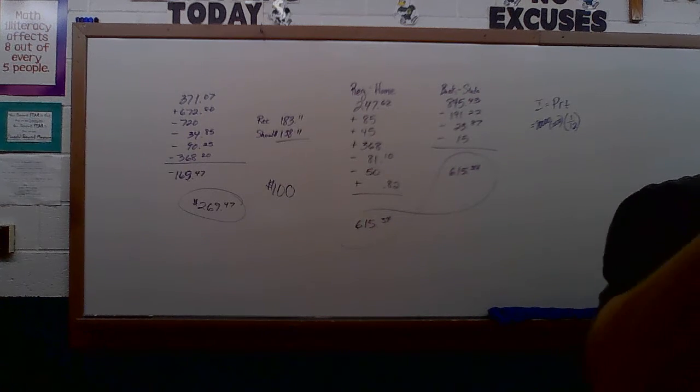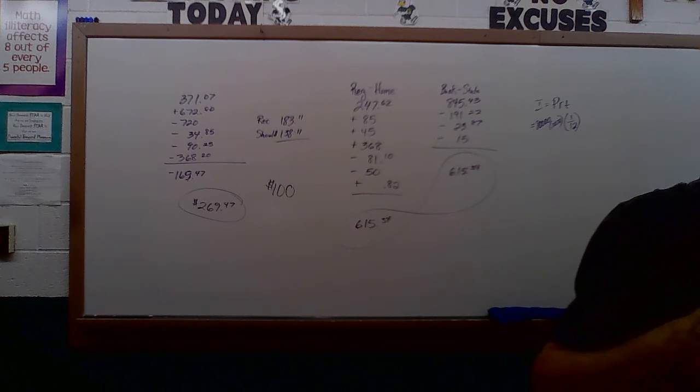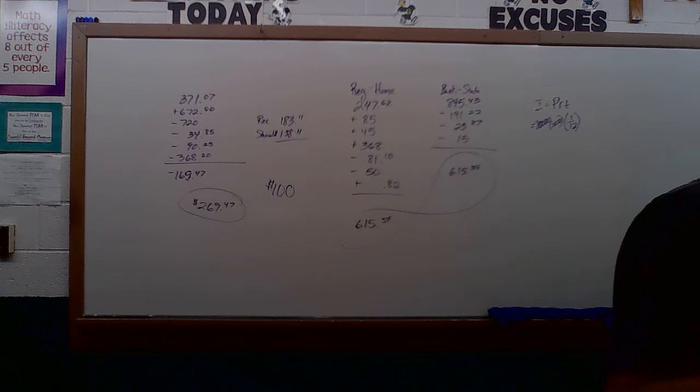Everybody pay attention to this because I think it happens again tomorrow. Your penalty is on what you took out, not what was necessarily in the account. That's where I think just about all of us missed that. Say that again?